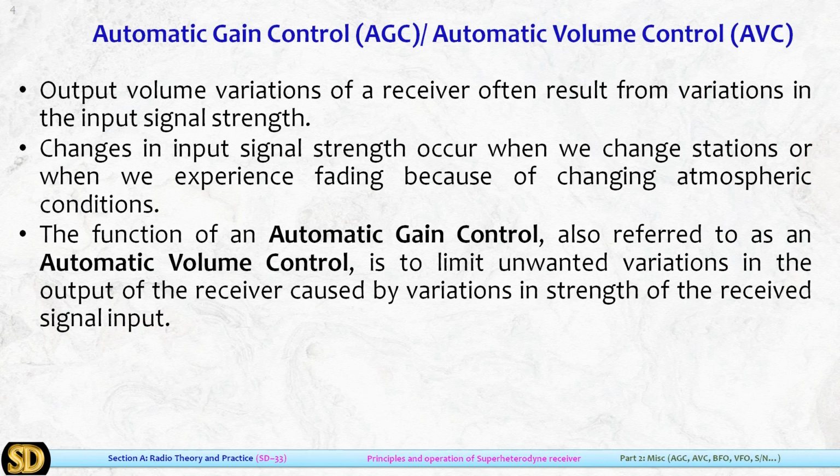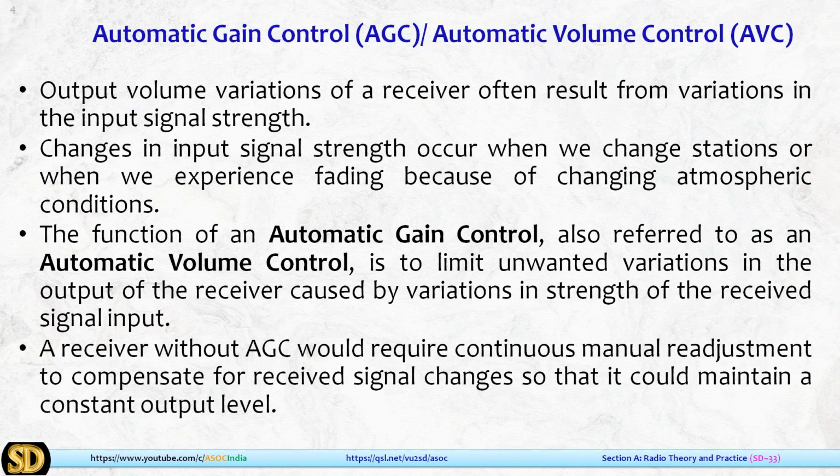The function of AGC, or I can say AVC, is to limit unwanted variation in the output of the receiver caused by variation in strength of the receiver's signal input. A receiver without AGC or AVC would require continued manual readjustment from time to time to compensate for received signal changes so that it could maintain a constant output level.